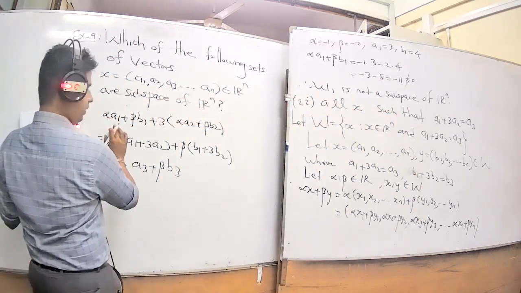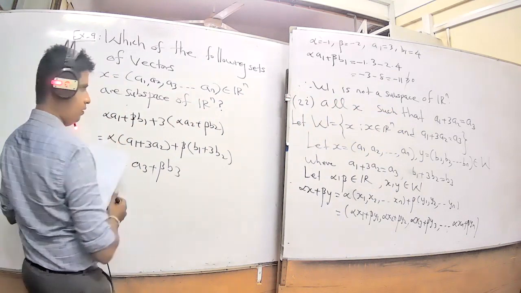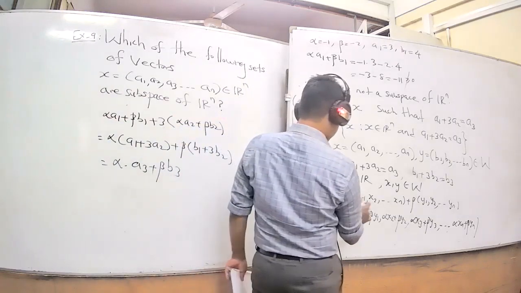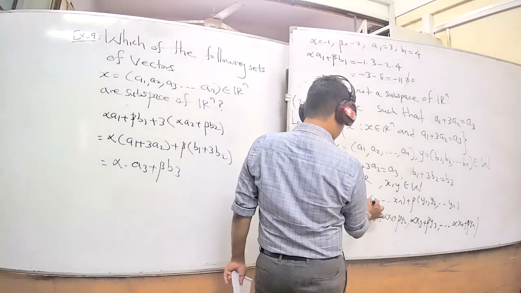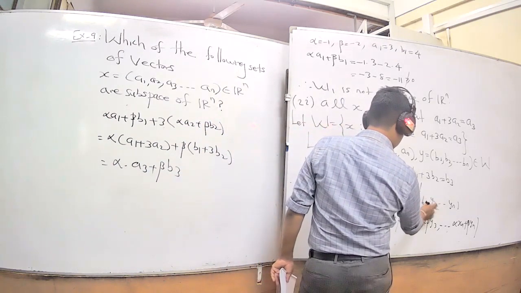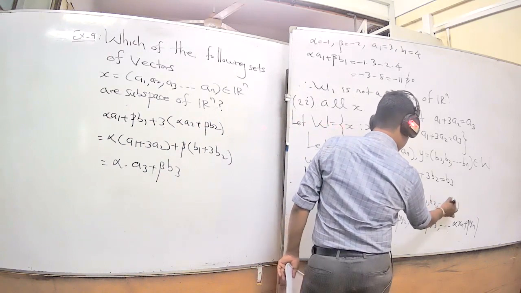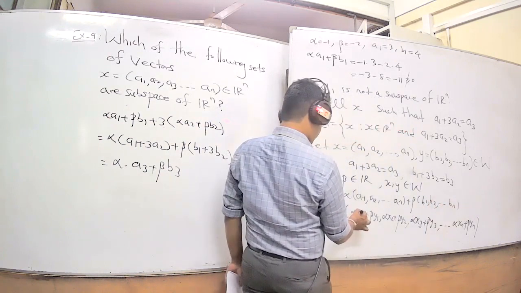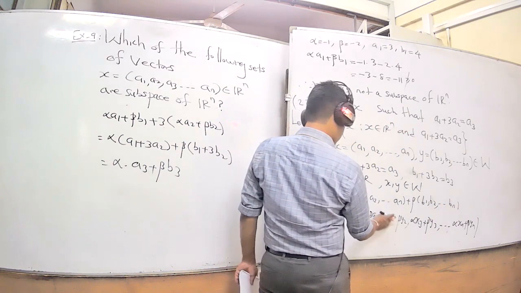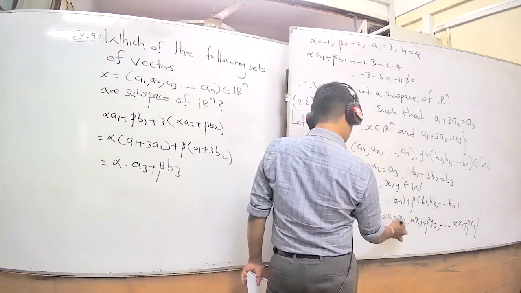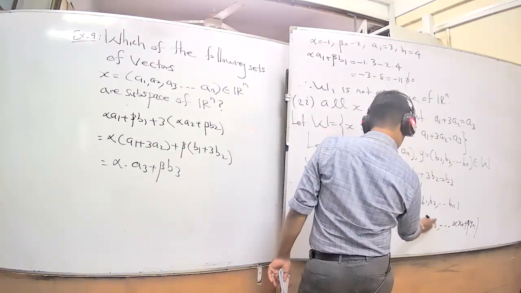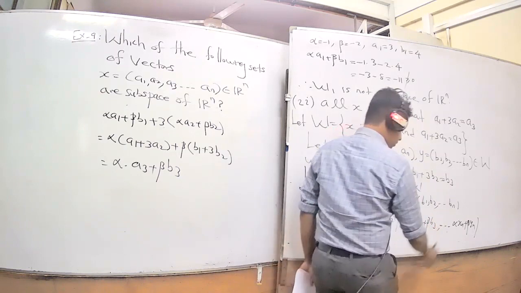Really, just wait. Sorry, we made a mistake here. You want to write here a1, a2, and so on, an, and here b1, b2, and so on, bn. So it is alpha a1, beta b1, alpha a2, beta b2, alpha a3, beta b3, and so on, alpha an, beta bn.